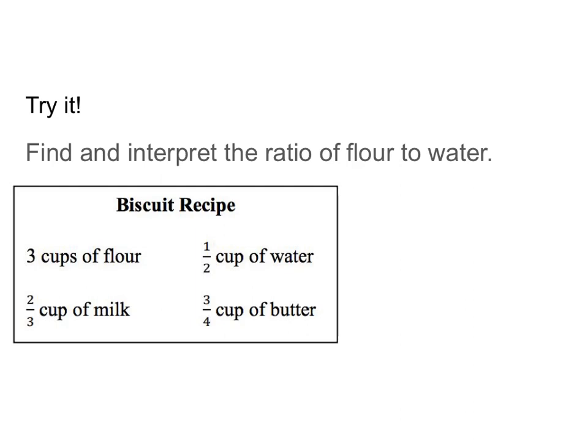Find and interpret the ratio of flour to water. So again, I want to go ahead and find flour and water. So 3 compared to 1/2. And I would like to go ahead and actually divide this out to find more of the relationship. So I'm going to multiply by the reciprocal, and I get 6.